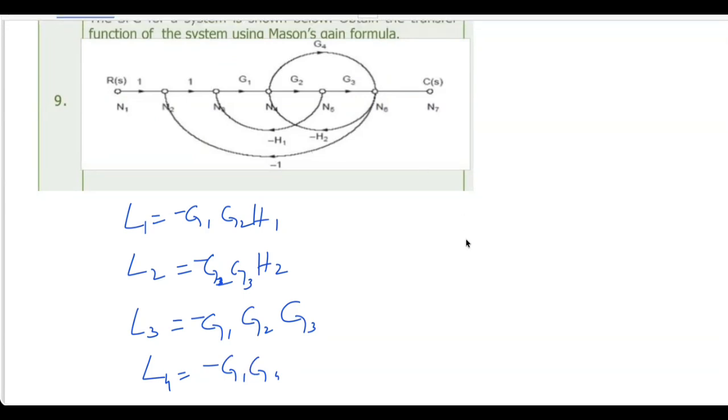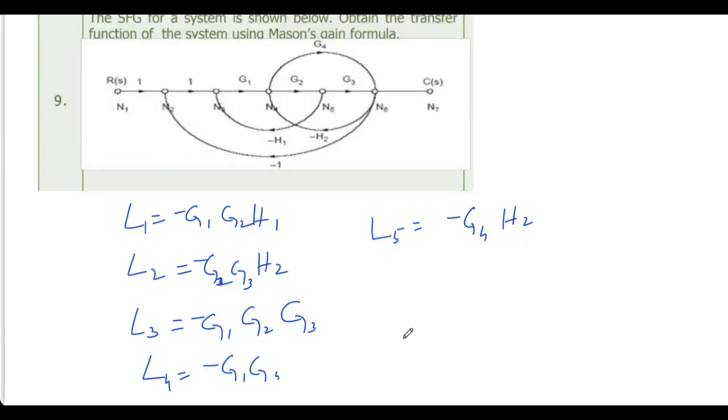So minus G1, G4. Then one more loop is minus G4, H2. Okay, clear?